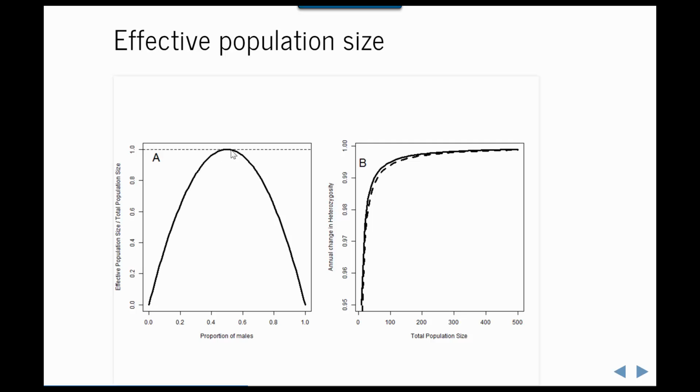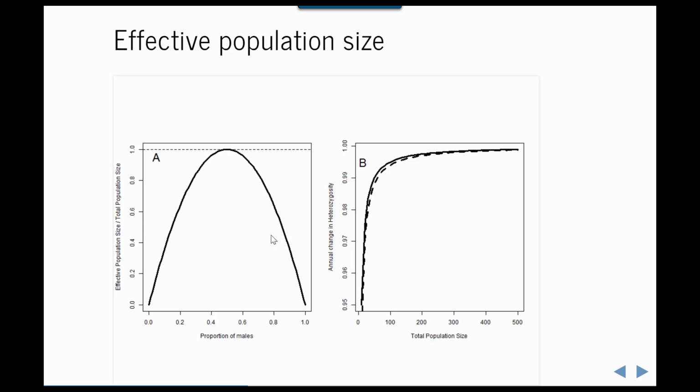As we deviate away from that perfect sex ratio, either having too few males or too many males, then the effective population size declines away from the true population size, the real population size. And in the extreme, of course, if you have 0 males and only females, then your effective population size is 0 because there's no mating involved at all. So you're going to drop out very fast, same as if all you have are males.